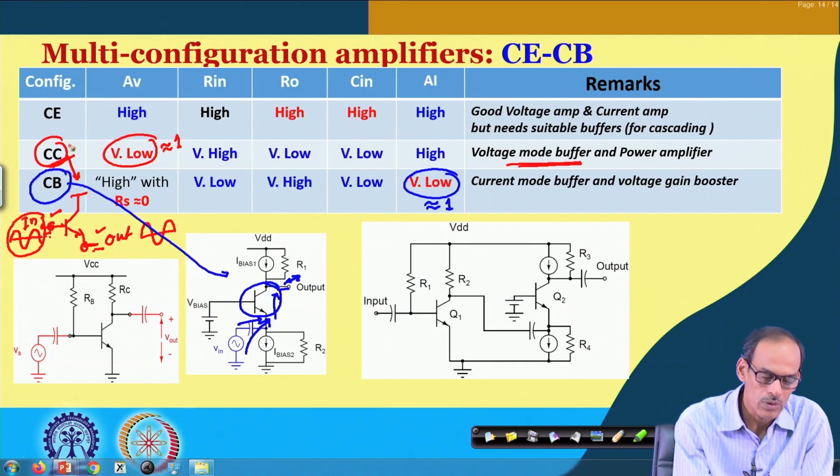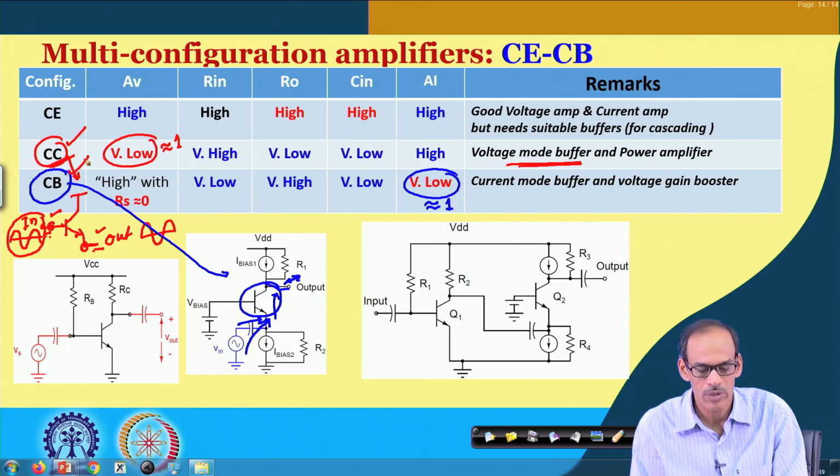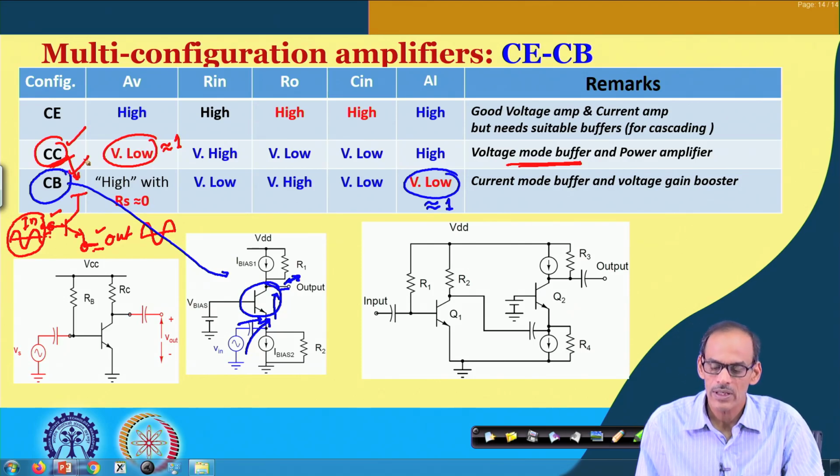So, these two configurations, common collector and common base, have dual properties, and they are essentially used as voltage mode and current mode buffers respectively.